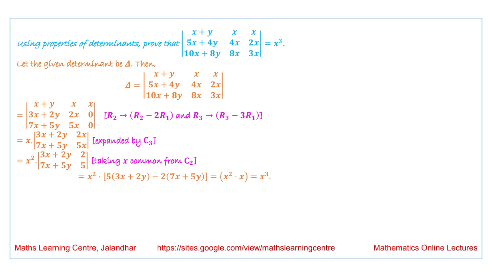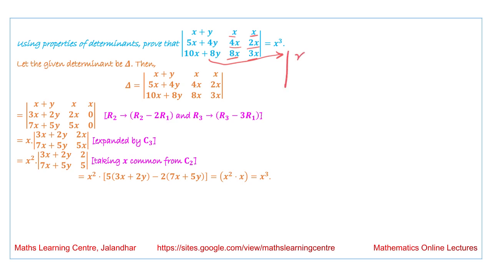Next we have to solve this determinant. So look at these values over here, it is x, x, 4x and 8x, this is x, 2x and 3x over here. One of the procedures to solve this is, we separate this determinant in two parts.